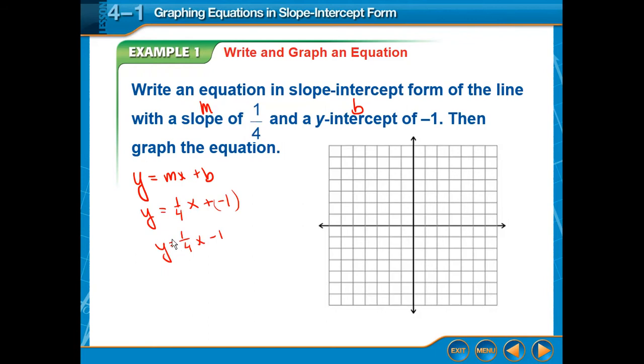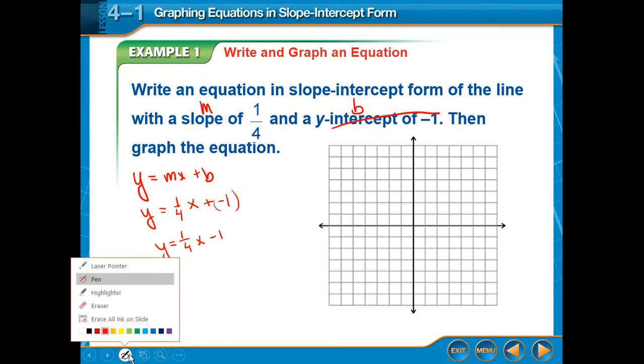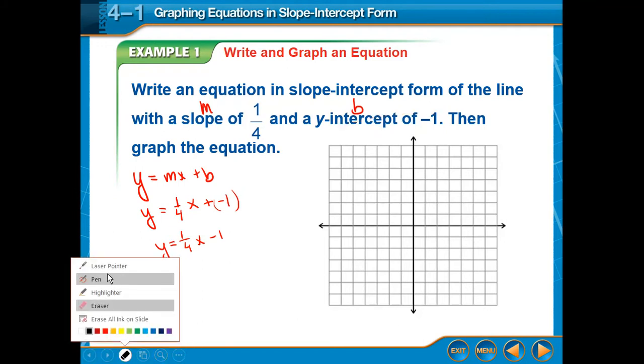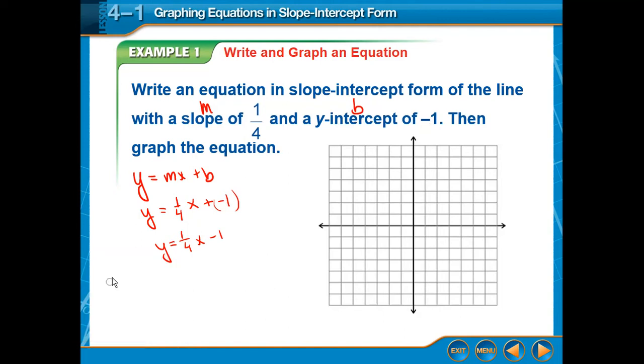Graphing from slope-intercept form, you start with the y-intercept. You graph the y-intercept, which is where it touches the y-axis. So if the y-intercept is -1, it touches the y-axis at -1. From there, we know the slope.